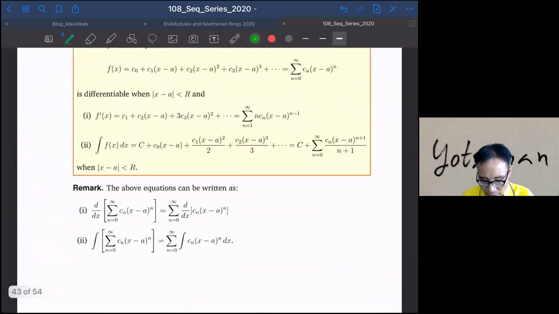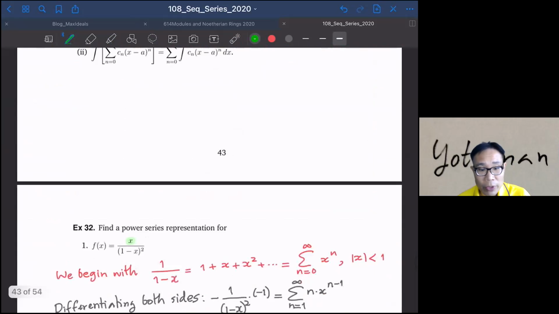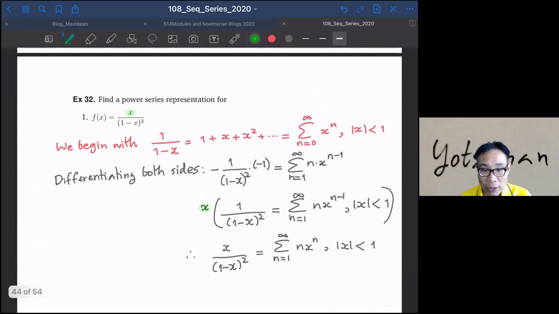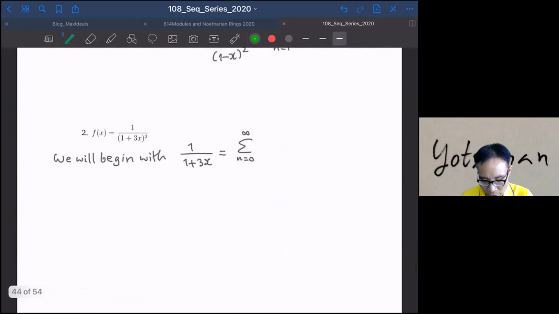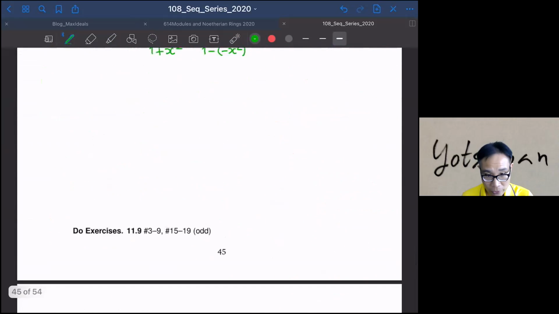And we learned the way that we can represent a function in terms of a power series: when you have a function, you can represent it as a power series by beginning with the geometric series in some term. So I'll let you do this 2 and 3 on your own.